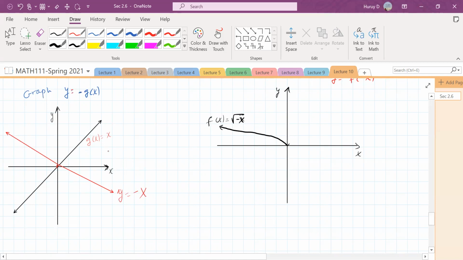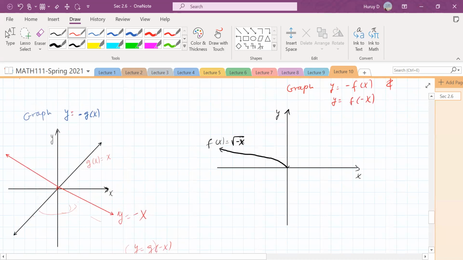Similarly, if you plot y equals g of negative x, this is the same as this one. Even if you reflect this function along the y-axis, the reflection of this one will be this one, and the reflection of this one will be this one. So in this case, both of them are the same, but that's not true for every function. It's just exceptional for this one.